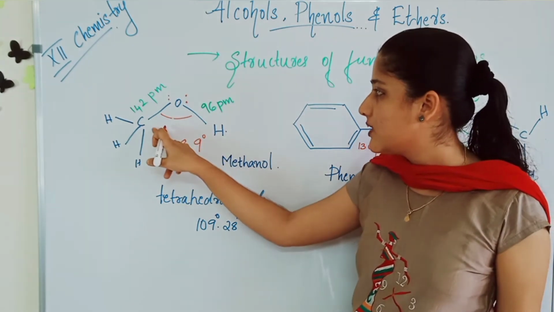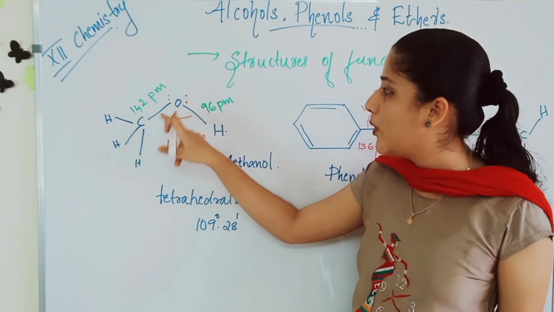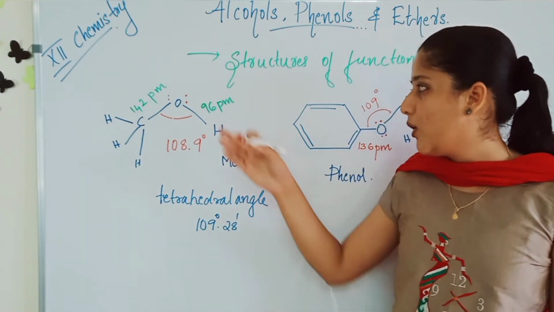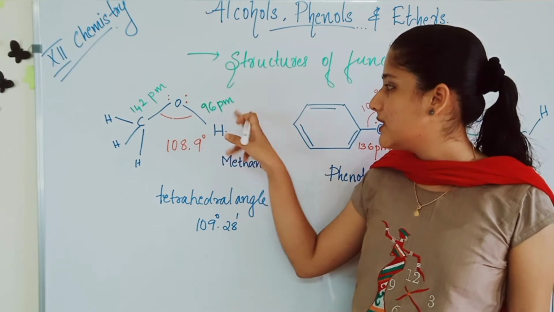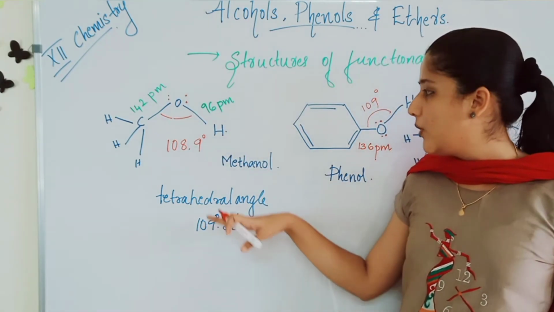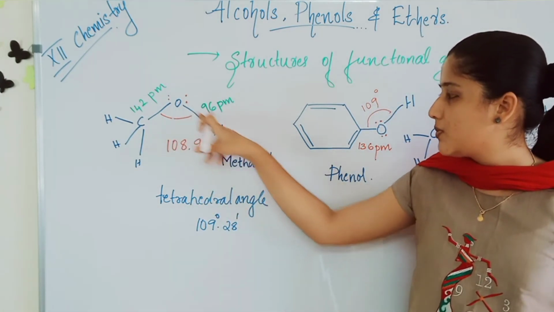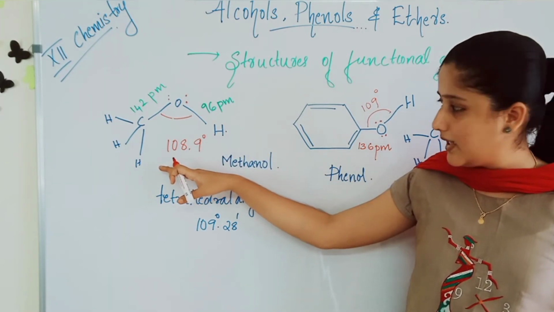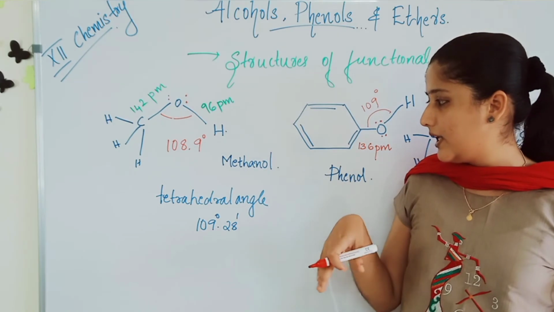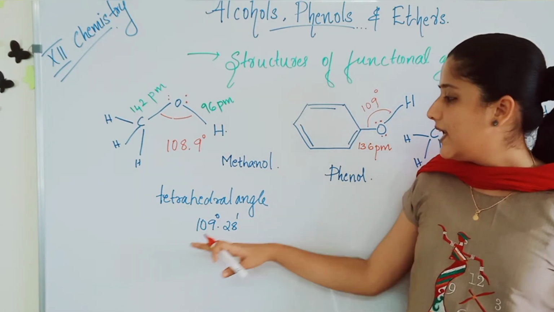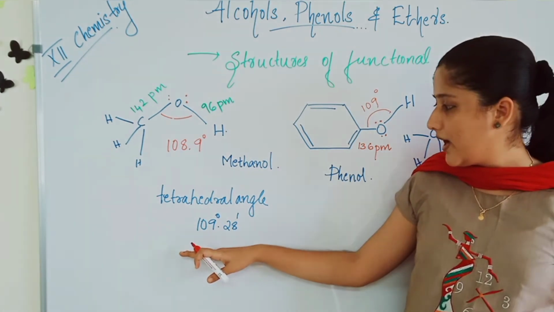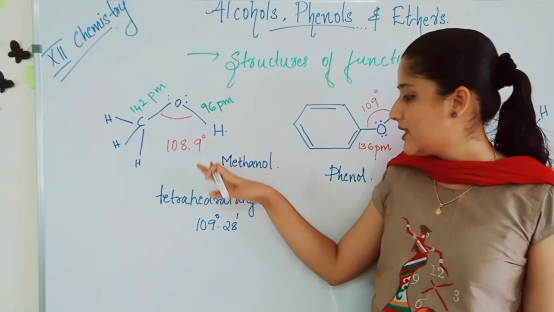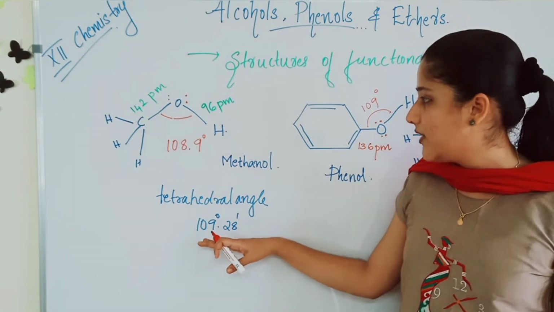The CO bond length is 142 picometer, and the OH bond length is 96 picometer. The important thing is that the COH bond angle is 108.9 degree, which is slightly less than the tetrahedral angle, that is 109 degree 28 minutes.